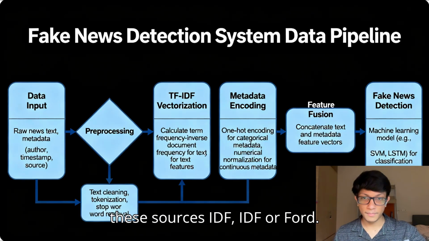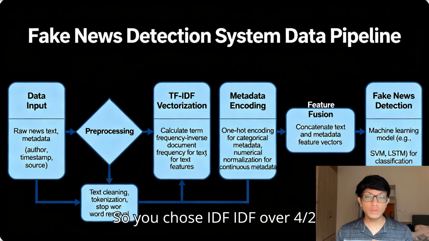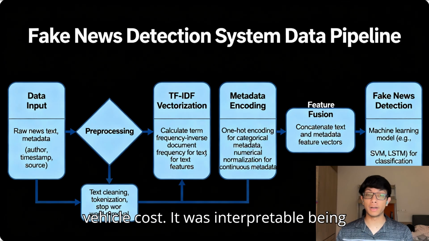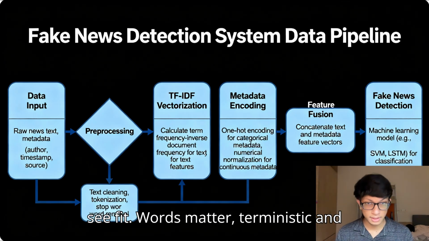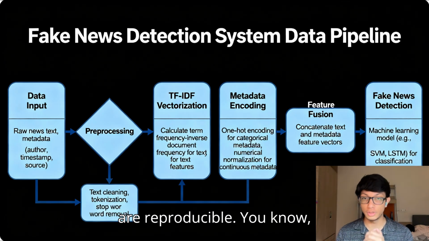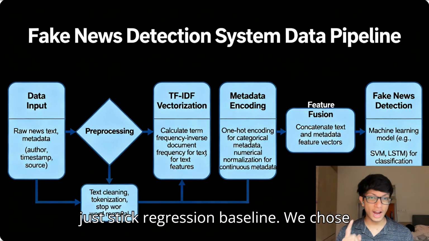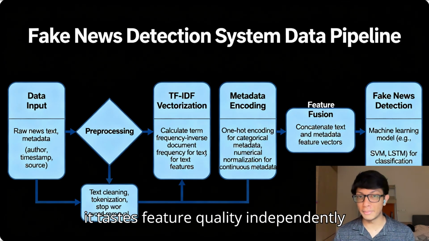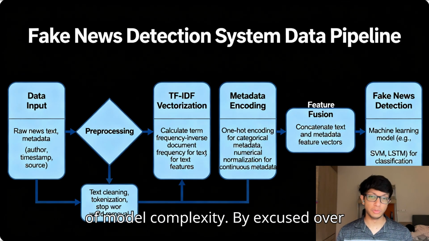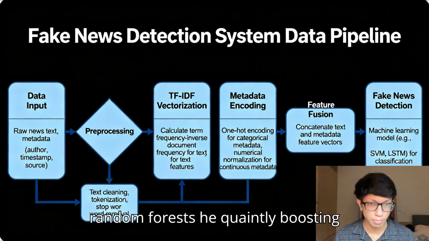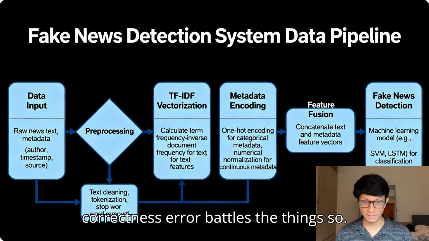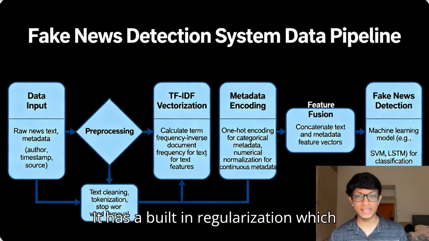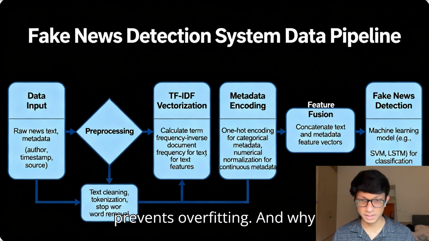So why these choices? Why TF-IDF over Word2Vec? We chose TF-IDF because it is interpretable. We can see which words matter, and it is deterministic and reproducible. For the logistic regression baseline, we chose it because it was fast, interpretable, and tests feature quality independently of model complexity. XGBoost over random forest, because sequential boosting corrects errors better, and it has built-in regularization which prevents overfitting.